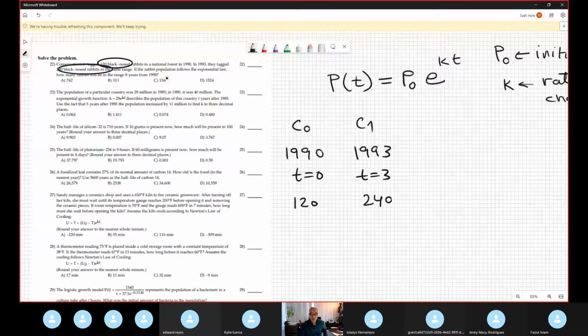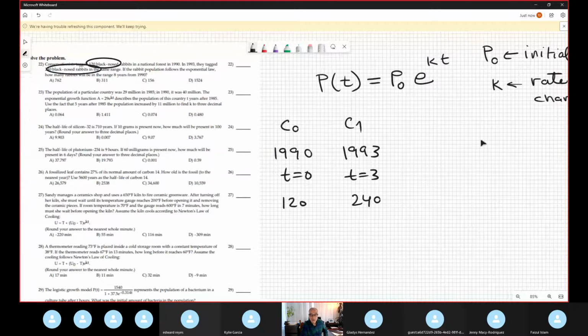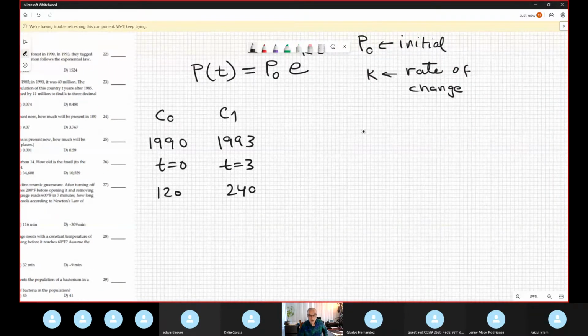Okay, so now my formula using condition 0, population at any time, specifically for the numbers in this word problem, is 120 e to the kt. This is P null, condition 0. And this is P1. Actually, not 1, it's 3.